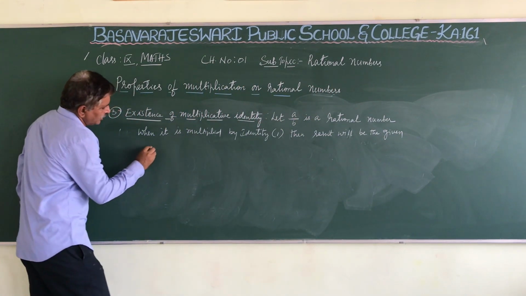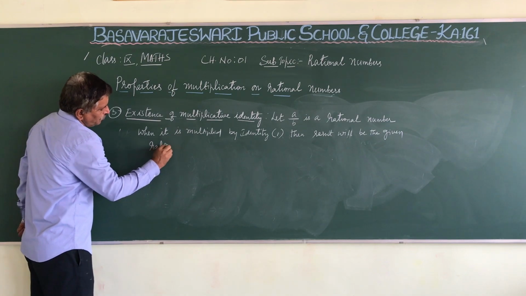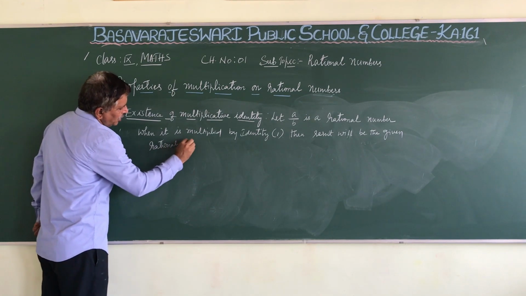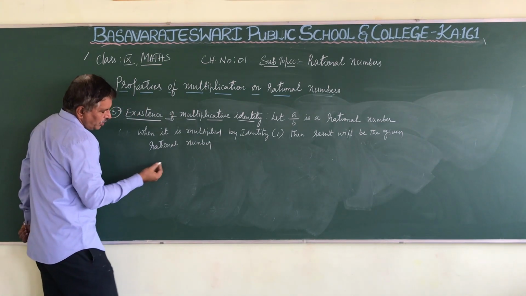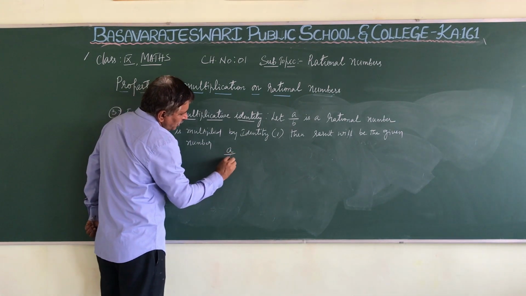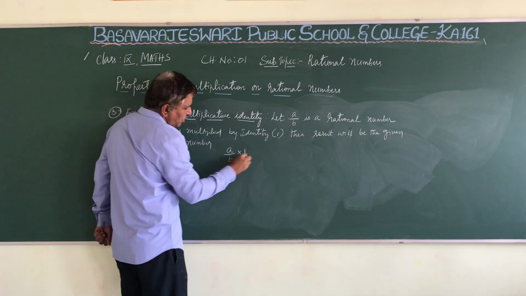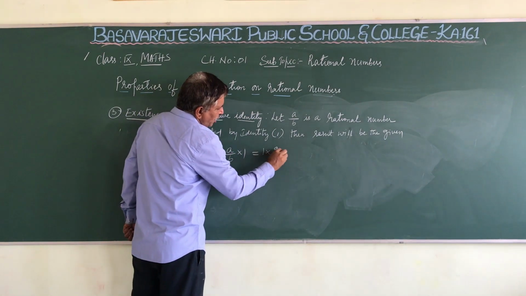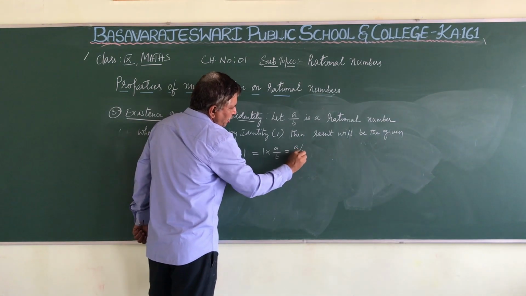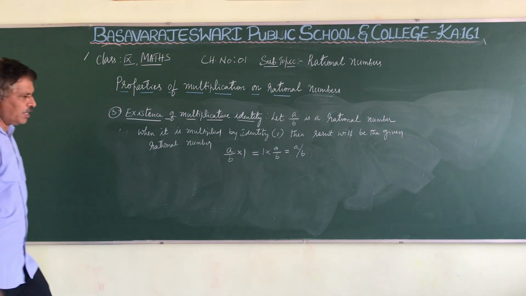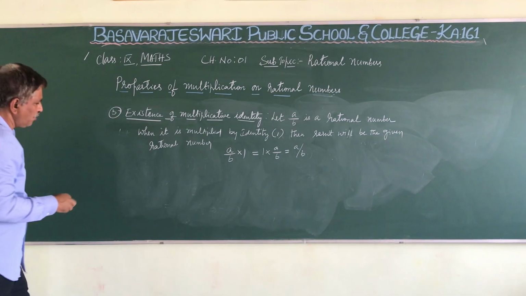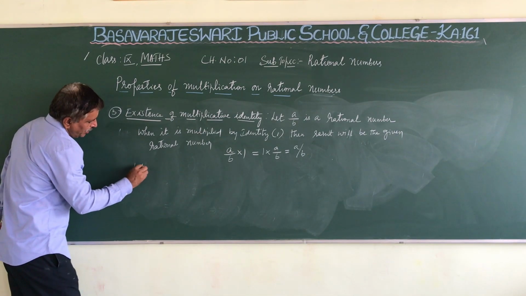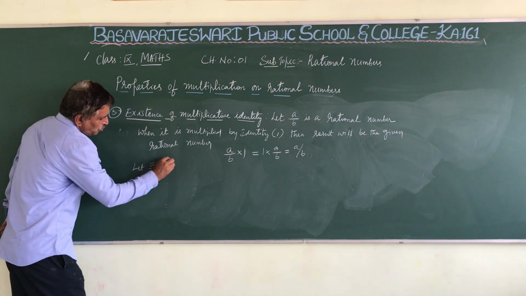See, for example, that is A by B into 1 or 1 into A by B is equal to A by B only. That means A by B into 1, which is equal to 1 into A by B, then only we'll get A by B only. For example, let A by B is equal to 2 by 3.